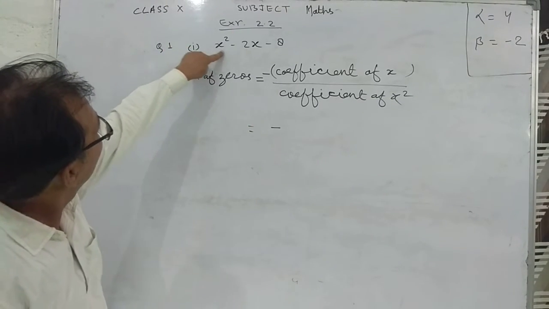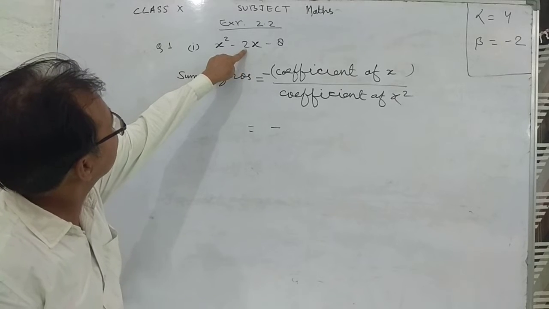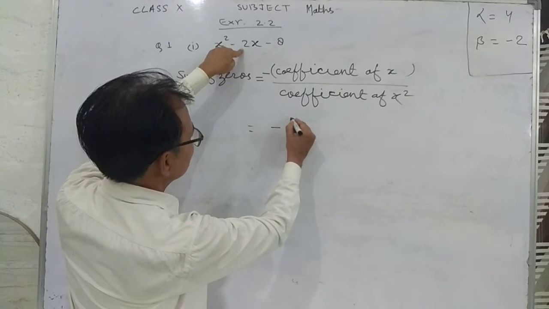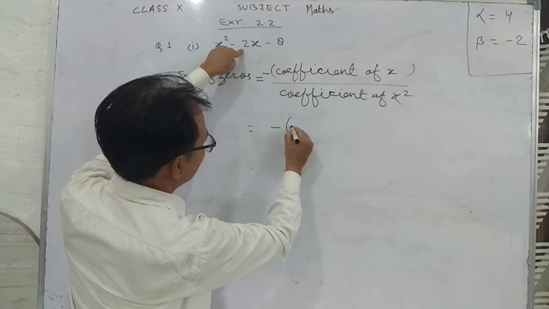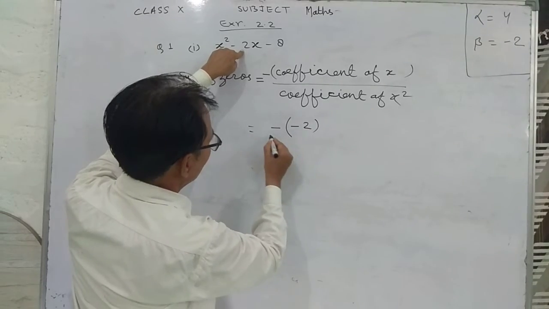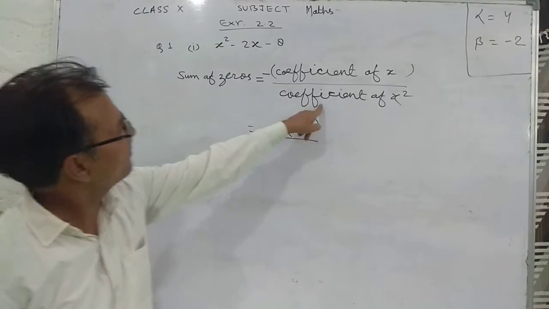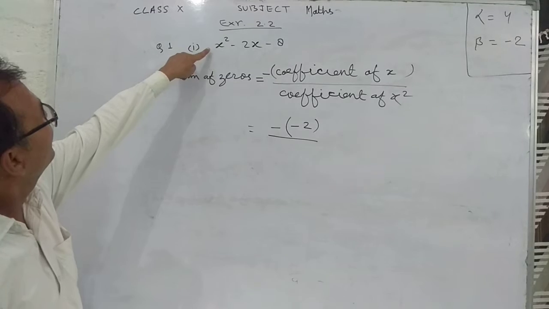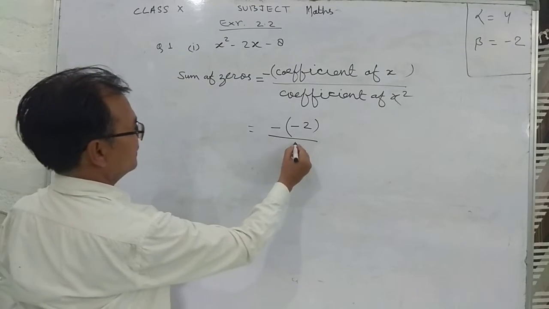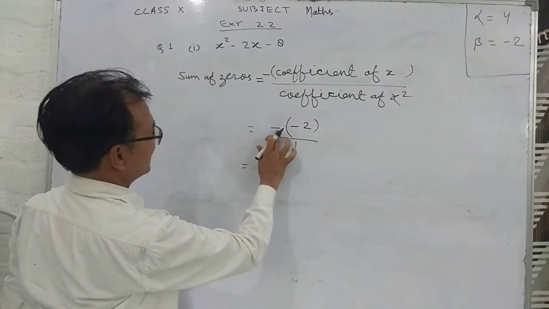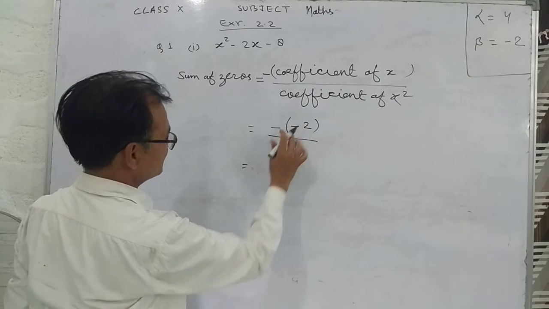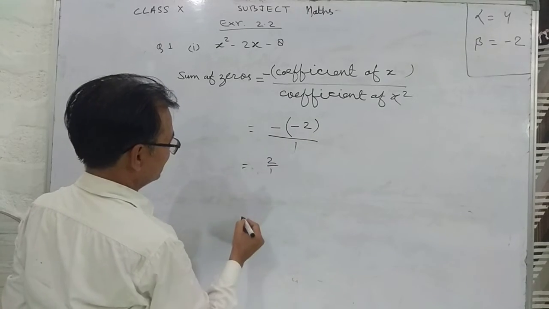Here we have coefficient of x as minus 2, then minus bracket minus 2 upon coefficient of x square is 1, minus multiplied by minus plus 2 upon 1.